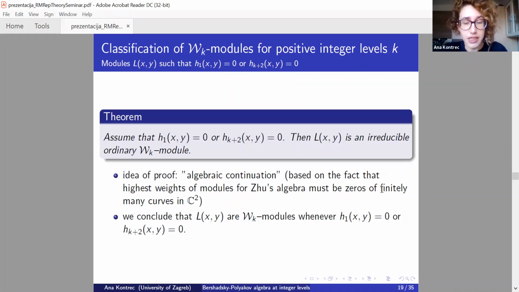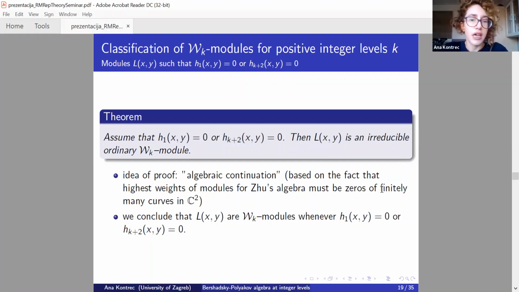The idea here is a sort of algebraic continuation. The basis for this is that the W algebra is a certain quotient of the polynomial algebra in two variables, and since it's Noetherian, we know that this ideal must be finitely generated, generated by finitely many polynomials.